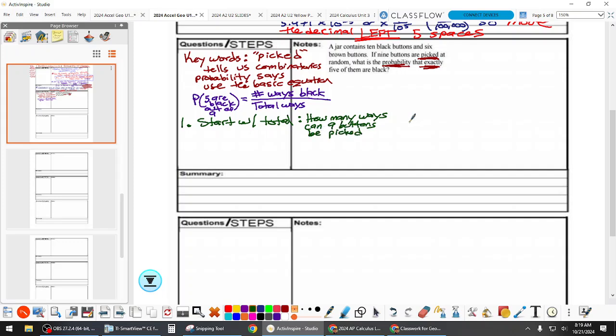Well, is that going to matter what order we pick them? Okay. So probably give yourself that reminder. Okay. Does order matter? And in this case, the answer is no. So, no. So this is how many? 10 and 6. So 16, choose 9. There's our denominator. Right. Now we have to account for the ways to pick black. And this time it says exactly.